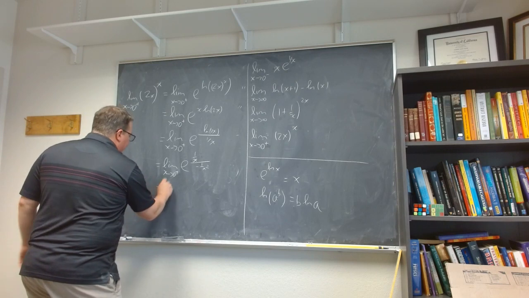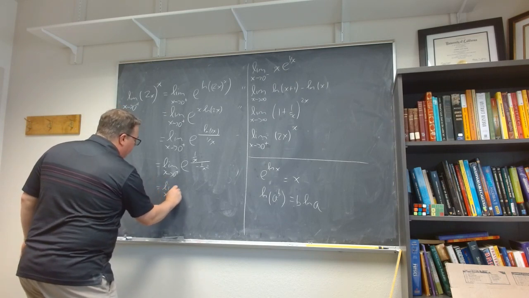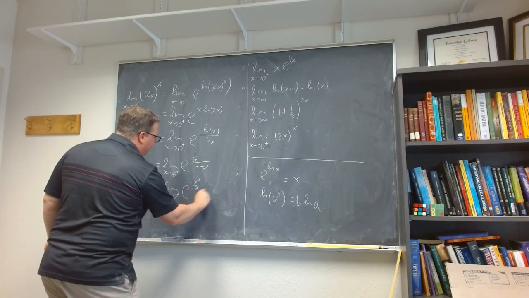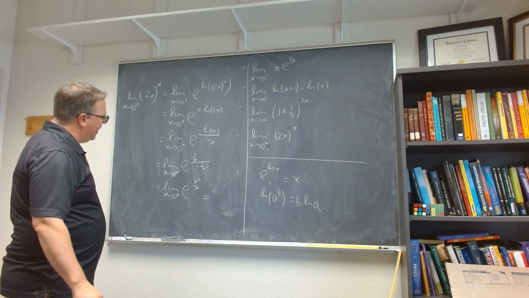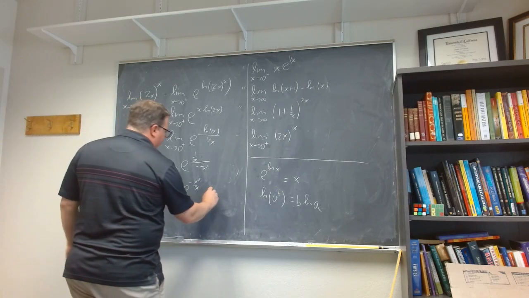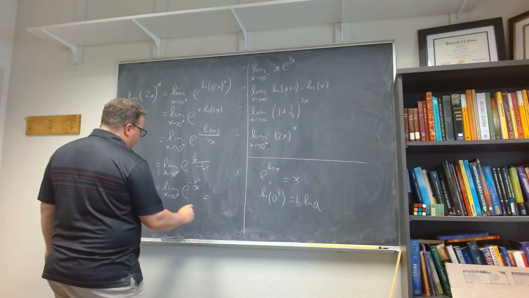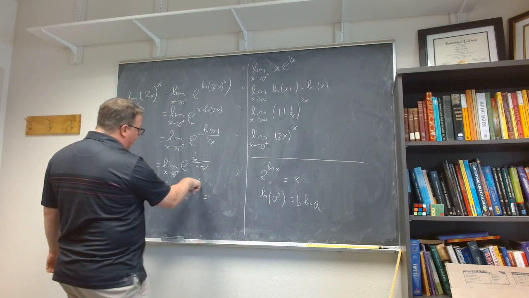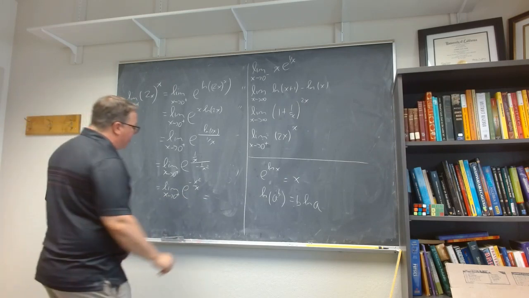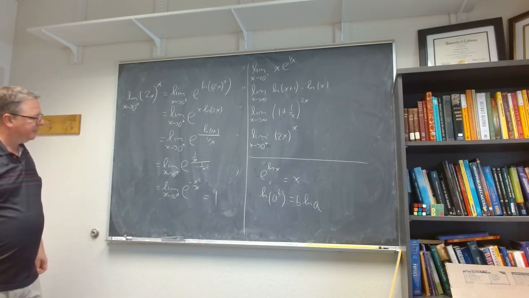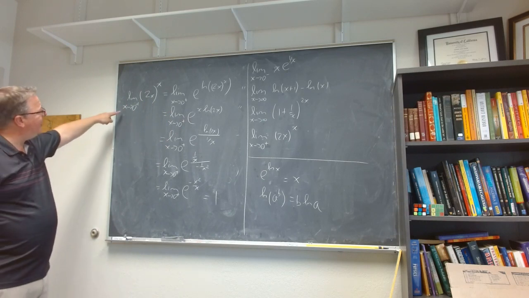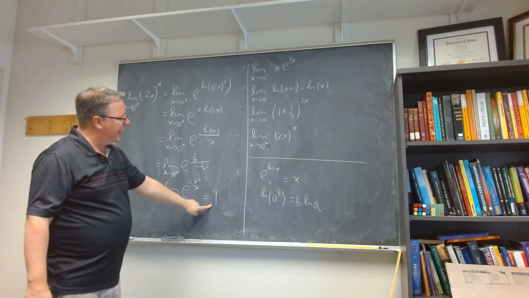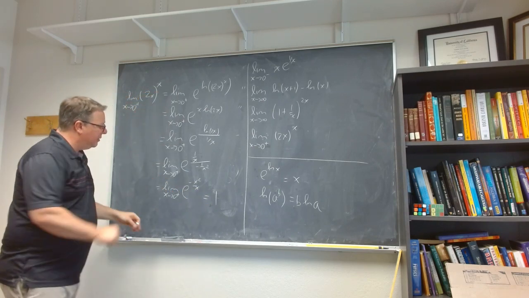And so we get the limit as x goes to 0 from the right of e to the negative x squared over x, which is just e to the negative x, which, as x goes to 0, is going to go to 0, which will just give us 1. And so the limit as x goes to 0 from the right of 2x to the x cancels down to 1.